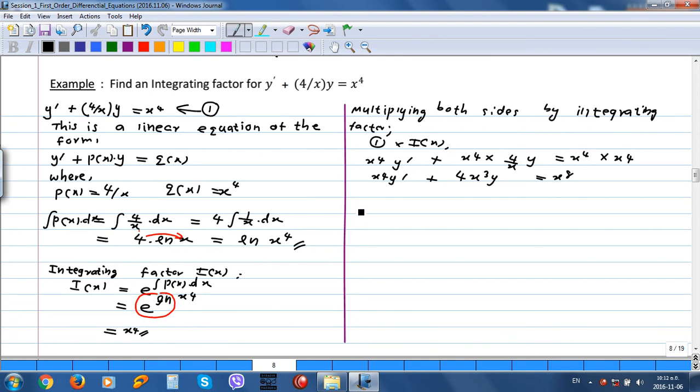Then this is again, as I mentioned in a previous example, we can write directly d over dx of y times x to the power 4. You can expand this and see whether you get this. If it is in this way, you can directly write it this way, that is x to the power 8.